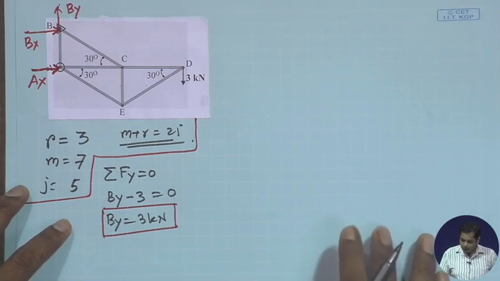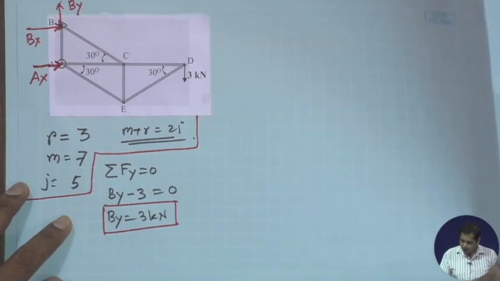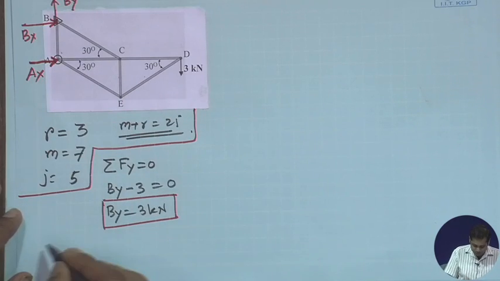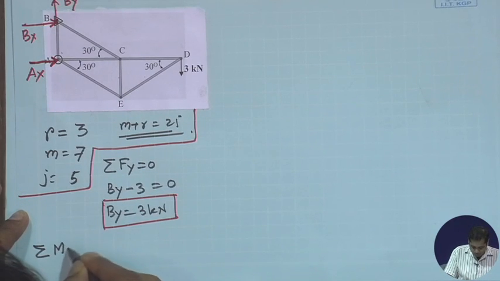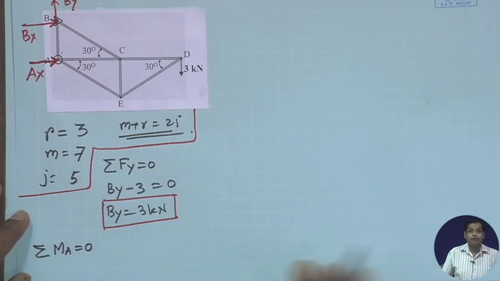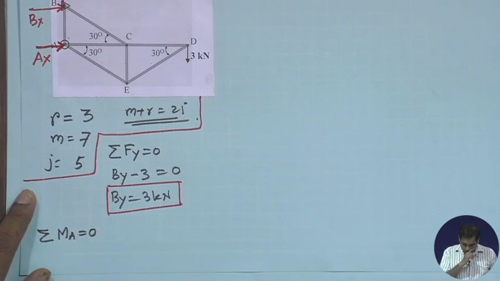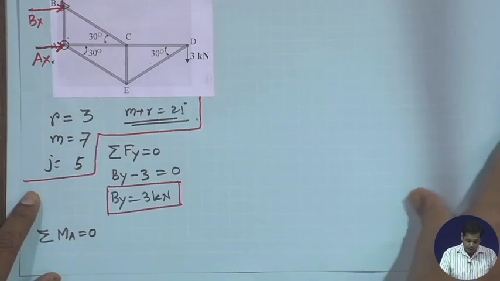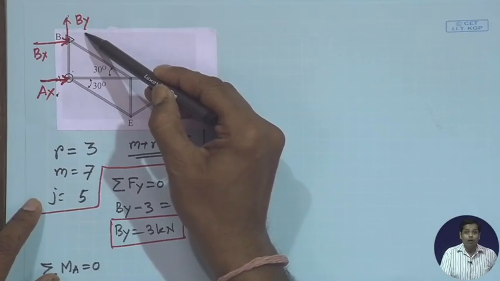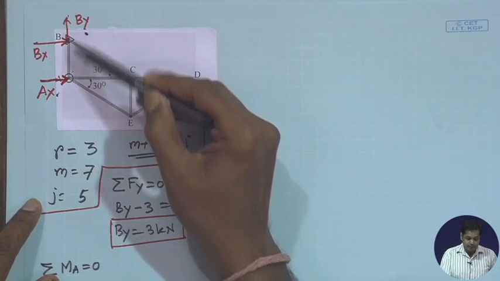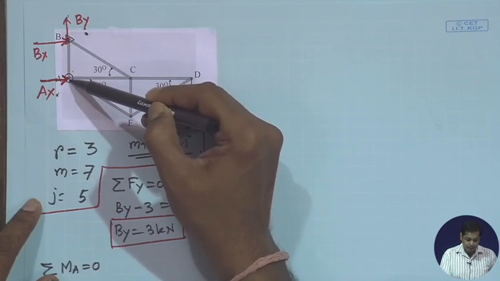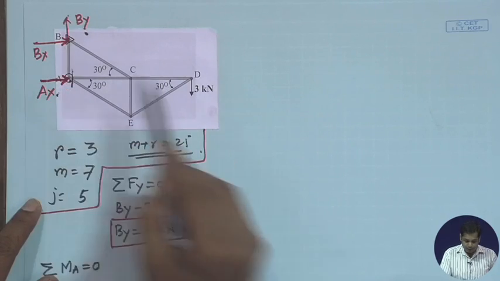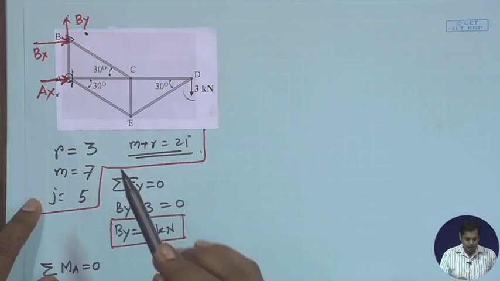Now take summation of moment. If I take moment about A is equal to 0, what forces will contribute to this moment? Ax will not contribute, By will not contribute because the point A lies on the line of action of By. Bx will contribute, and this 3 kilonewton load will contribute.